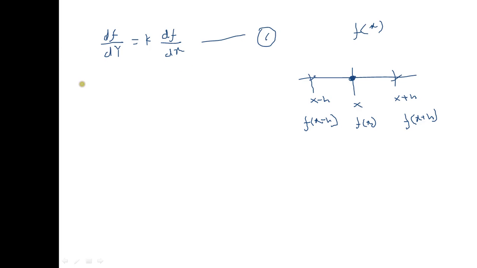Okay, so how can we do that? We have to approximate, if we use the central difference formula, so df by dx, we can write f(x plus a) minus f(x minus a) divided by 2a, right?